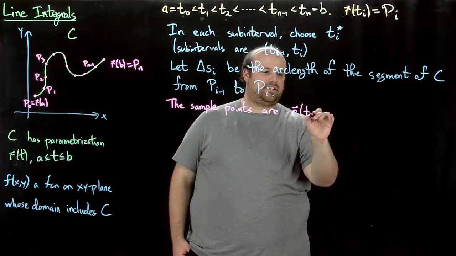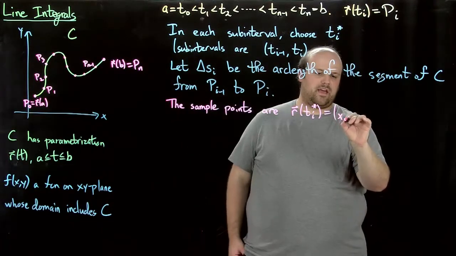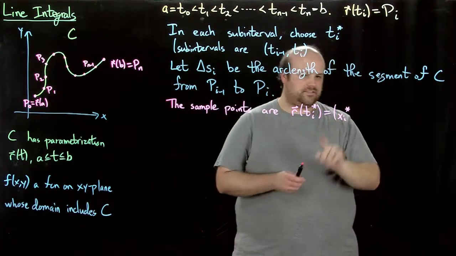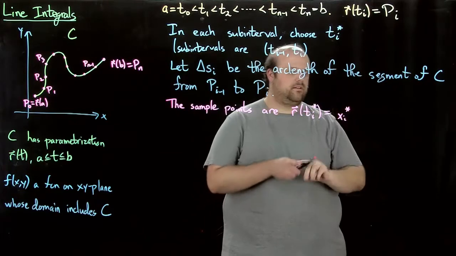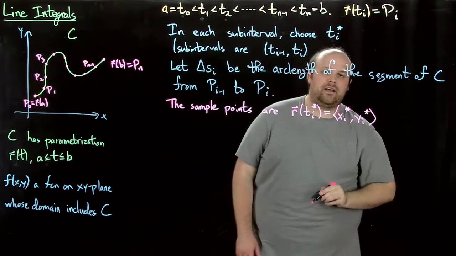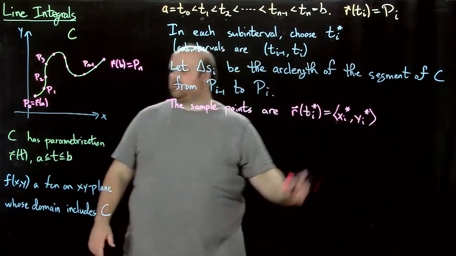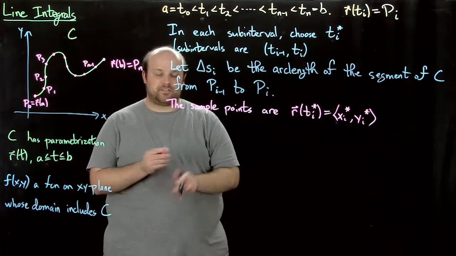So r of ti star, which we'll call xi star, yi star, right? And then these are the points we're going to plug into the function.